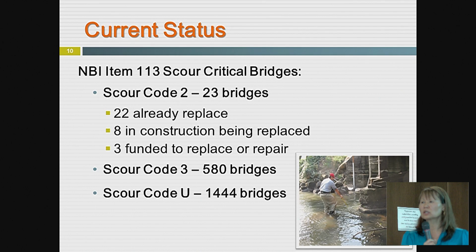So we're working all those 2s down, and I think 1 is scheduled to be repaired, and 2 are scheduled to be replaced. We still have a whole lot of Scour Code 3, 580 of them, and we have more unknown foundations, and we're still looking for that documentation.